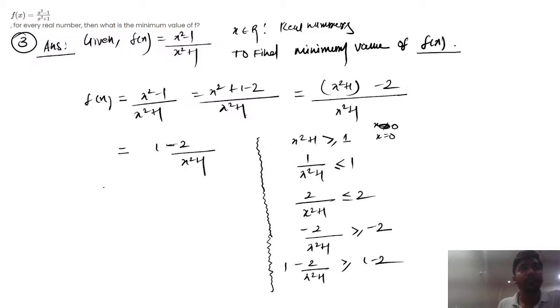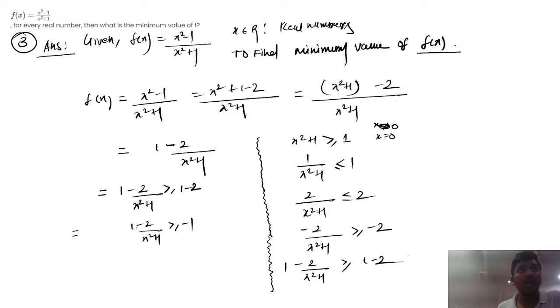So can we write like this? Here this term and this term are the same. So can we write like this? 1 minus 2 over x square plus 1 is greater than or equal to 1 minus 2, which further can be written as greater than or equal to minus 1, right?